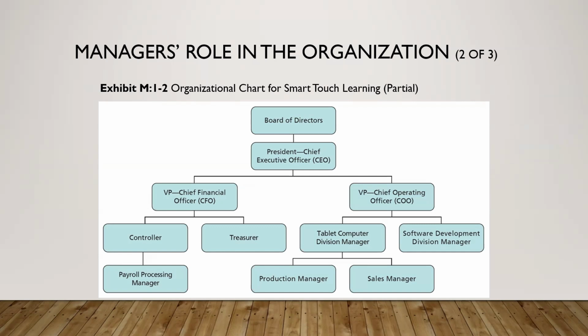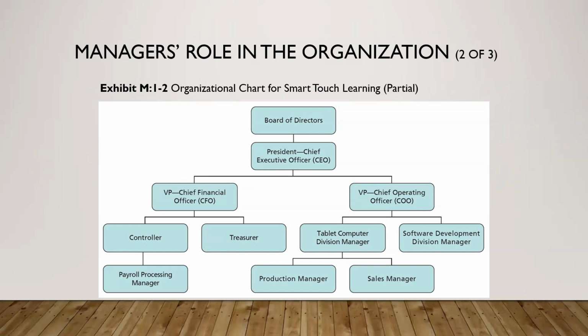Now, Smart Touch Learning has done well, but the competition is requiring it to, once again, look at its strategy. In order to maintain its market share and to stay competitive, the company will begin manufacturing its own tablets rather than purchasing them.